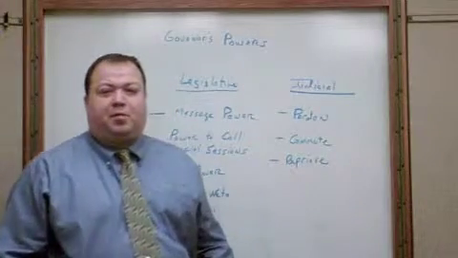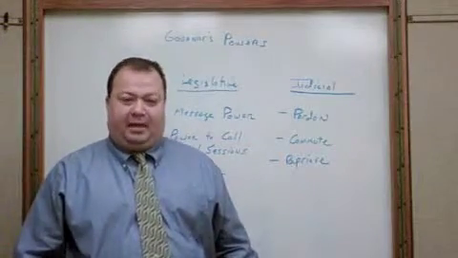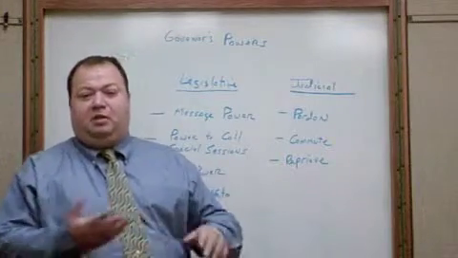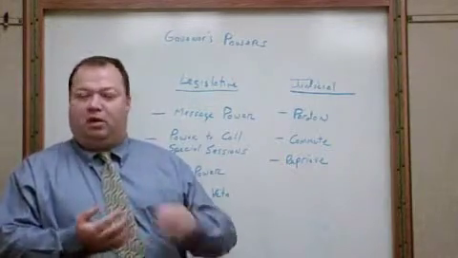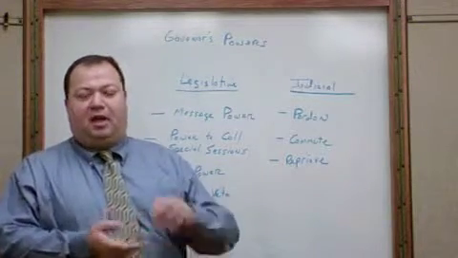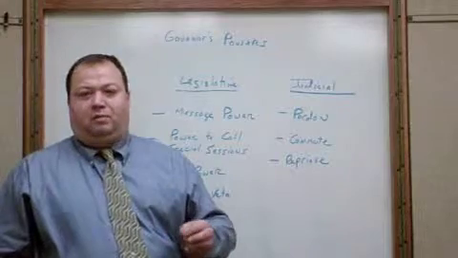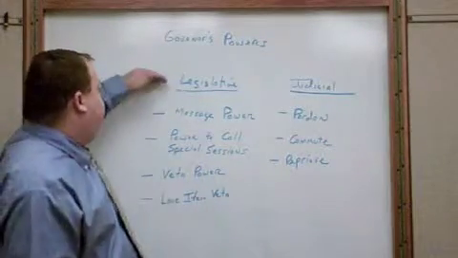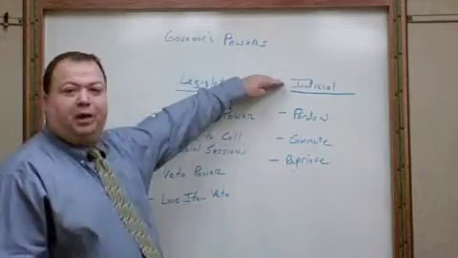Now we're going to talk about the powers that the governor of Ohio has. We've talked about the executive powers that he has, such as being able to call out the National Guard, hire his own assistants, look over the executive branch, and develop a budget. But he also has powers within the legislative and judicial branches.